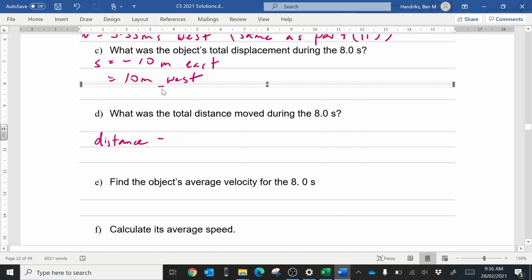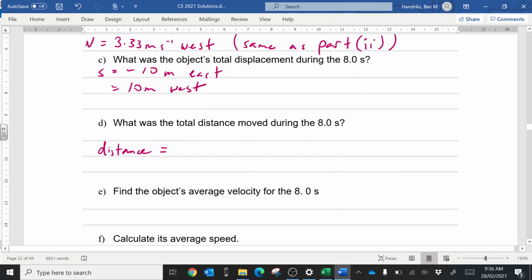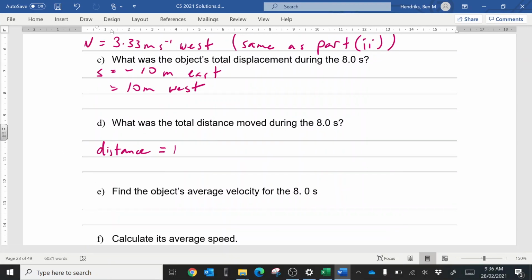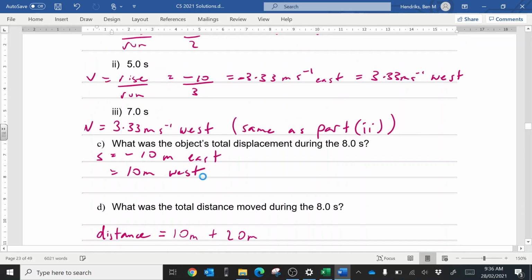So distance is equal to 10 meters plus 20 meters. The second line was 20 meters, which is equal to 30 meters all up.